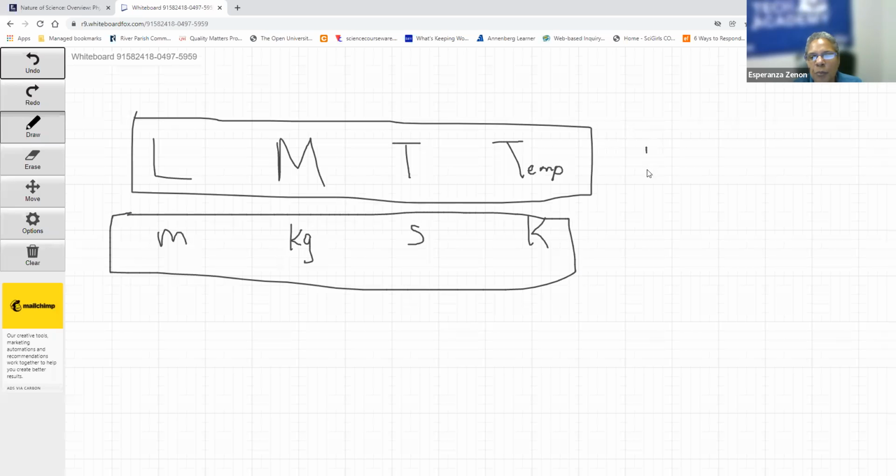Sometimes you hear them referred to as fundamental properties or fundamental quantities.